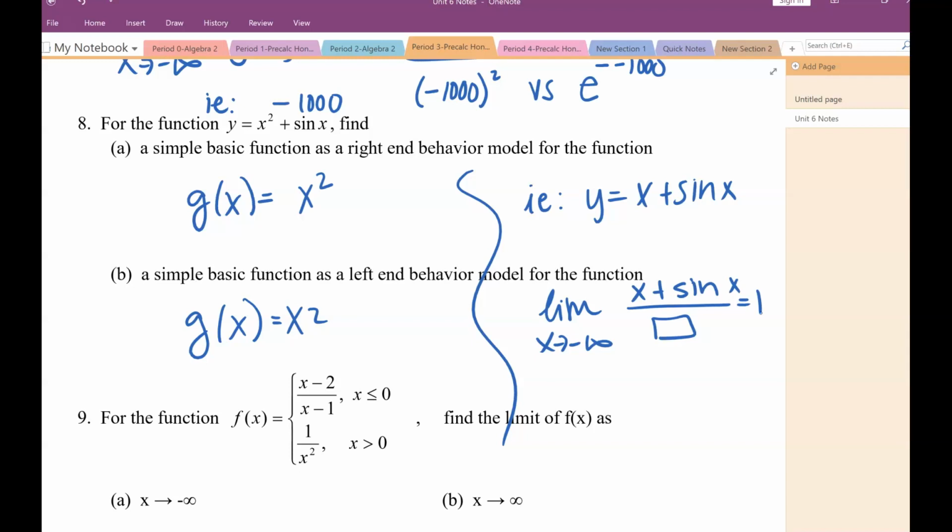Positive or negative 1 divided by negative 1000, is that ever going to give me 1? No. So that's why if we pick negative 1000, this has to be negative 1000, and negative 1000 divided by negative 1000 equals 1. So even if I change to x, your end behavior is still x for both.